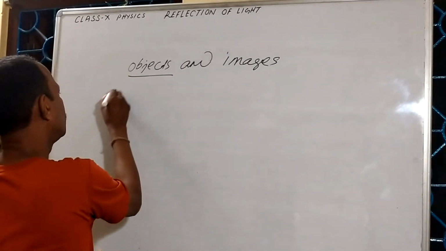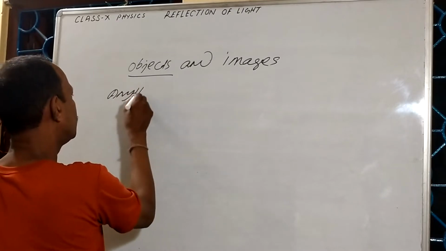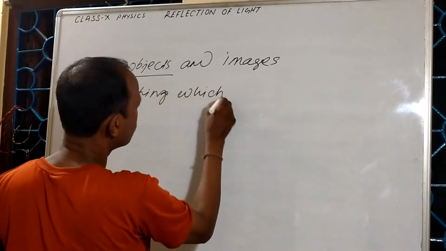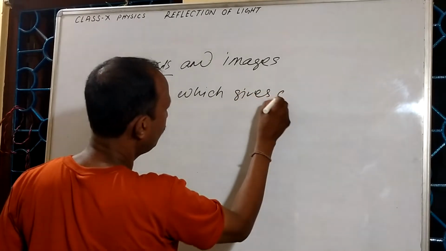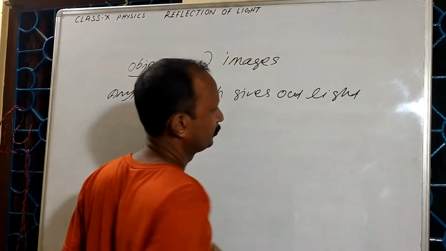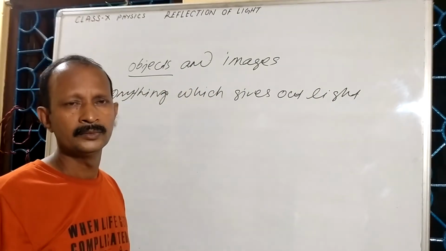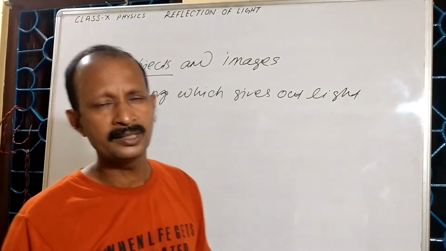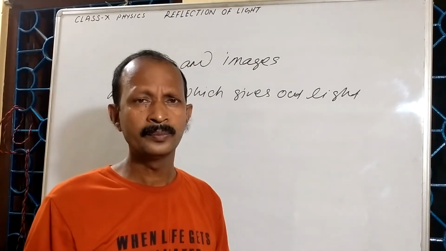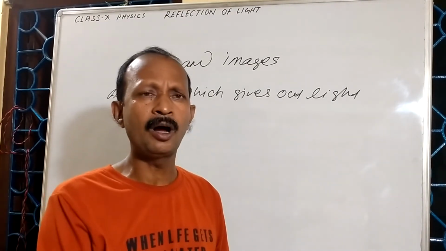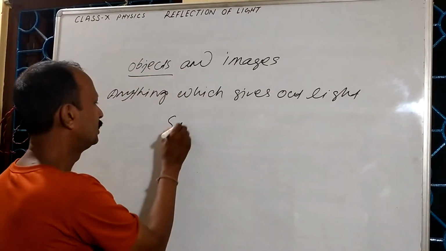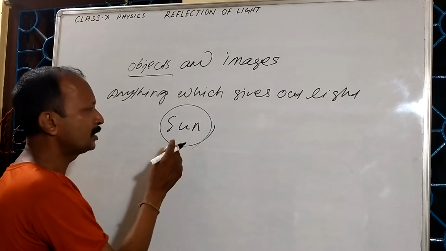Objects means anything which gives out light. Which gives out light means either it produces its own light or it reflects light coming from other sources. For example, you see the sun, it gives its own light.